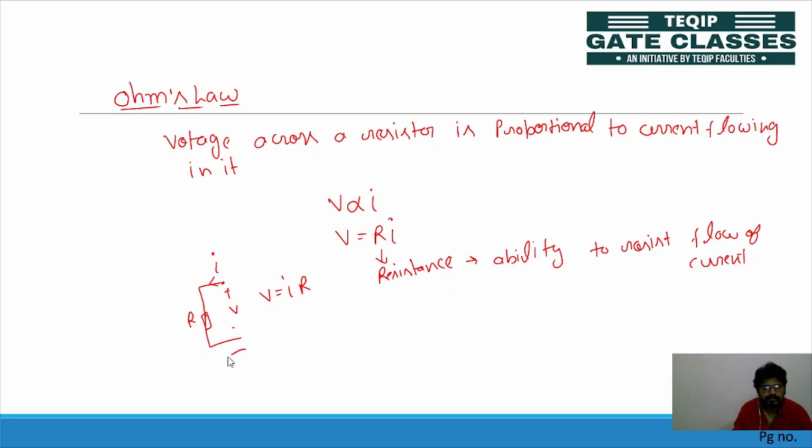But if current is flowing from lower potential to higher potential, then the voltage V will be equal to minus IR. We will keep this in mind. This is the very basic law, Ohm's law.